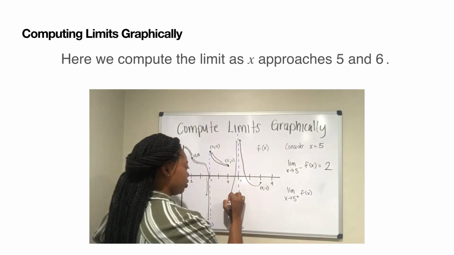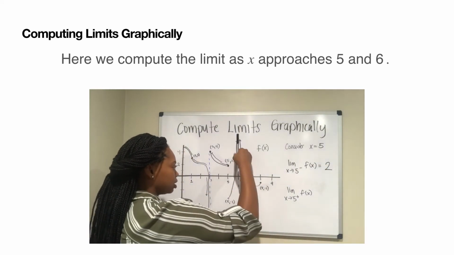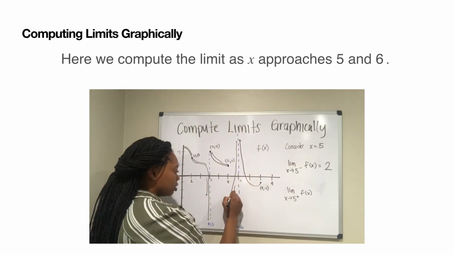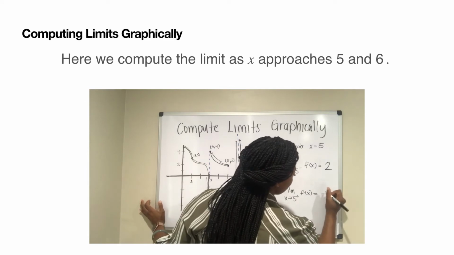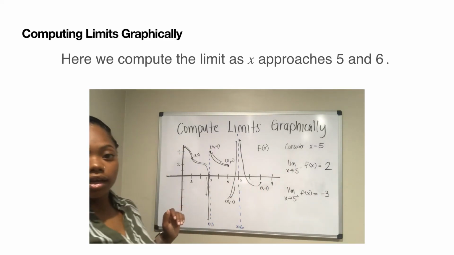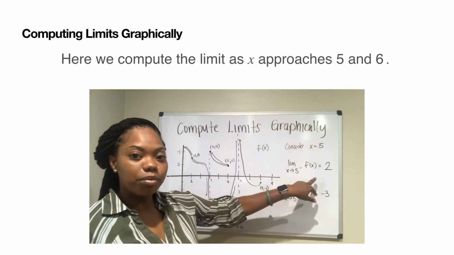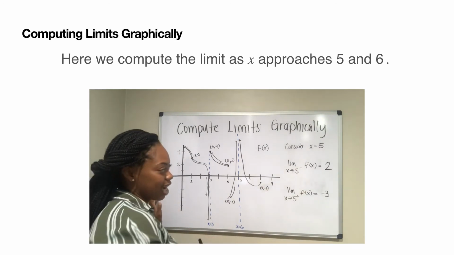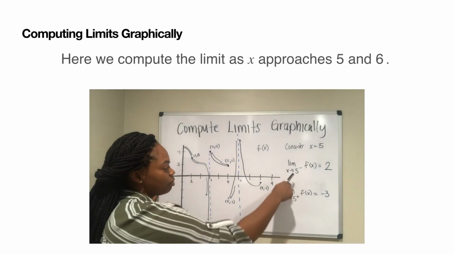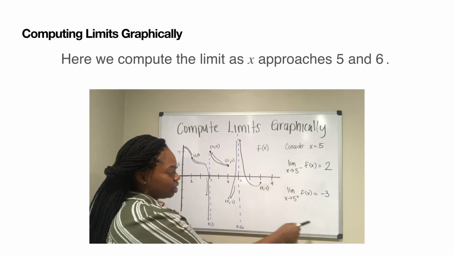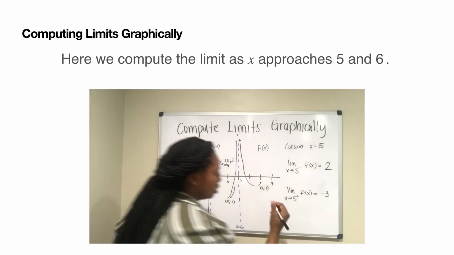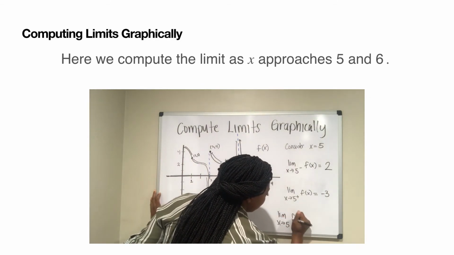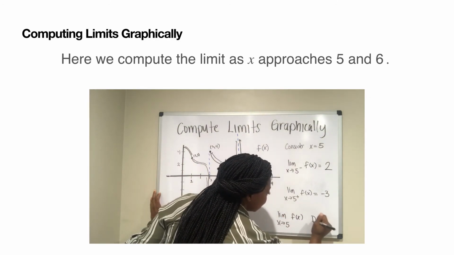As I approach it from the right, though, so for values larger than 5, my y values are getting close to negative 3. Okay? Now, these both do equal a number, but in this example, we would say that the limit as x approaches 5 does not exist, and that's because the limit from the left-hand side does not equal the limit from the right-hand side. So the limit as x approaches 5 of the function does not exist.